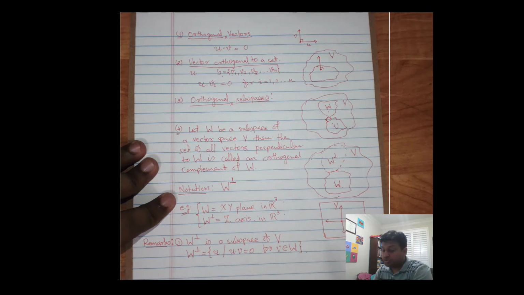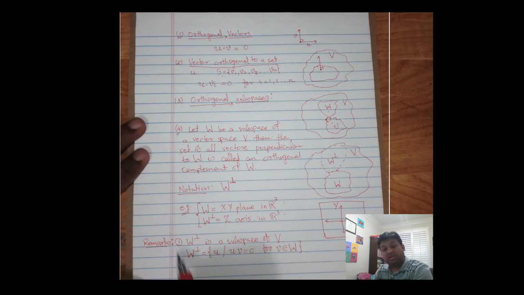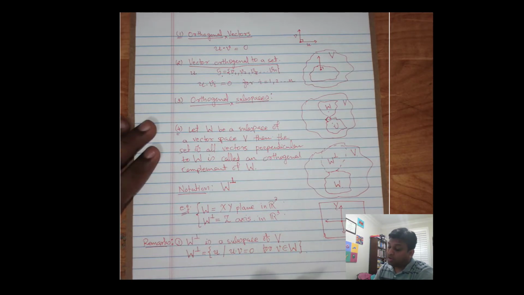Alright, so show that this is a subspace of V. You need to show those two conditions: closure property under vector addition and closure property under multiplication by scalar. Okay, I'll let you guys prove that.